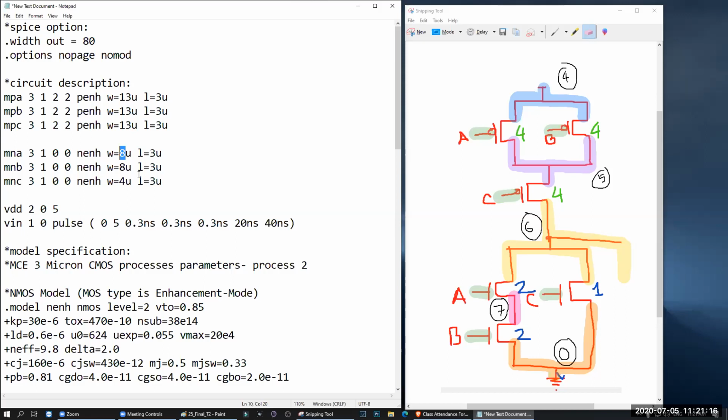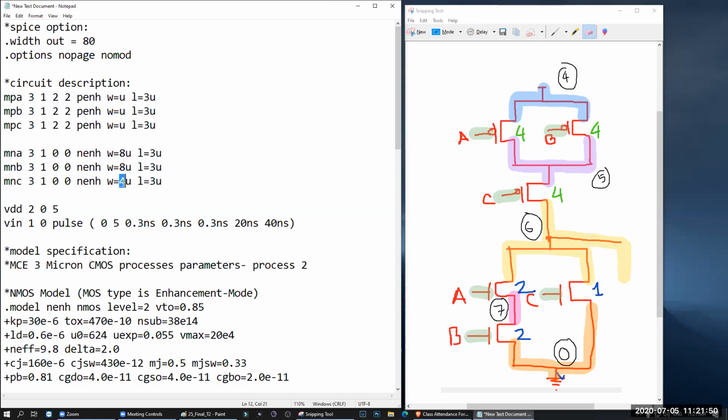Yes, sir. See, C is 1, here C is 4, B is 2. So here B should be double. A is 2, so A should be double. So 4, 8, 8. Understand? Now come here. Here C is 1, here C is 4.